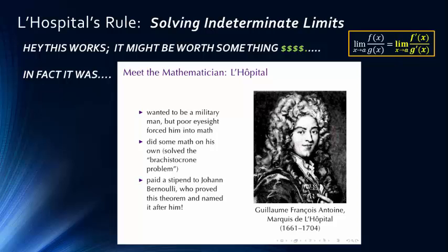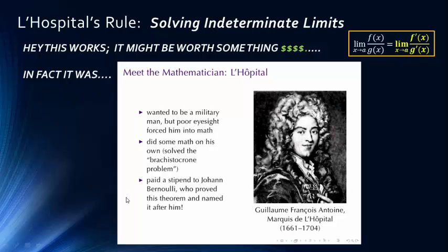Obviously he's a count or a marquis, and he was well-to-do. He was pretty good at math, but he wasn't quite the epitome of math at that time, but he did have money. And so what he did is, often wealthy intelligentsia would have private tutors.